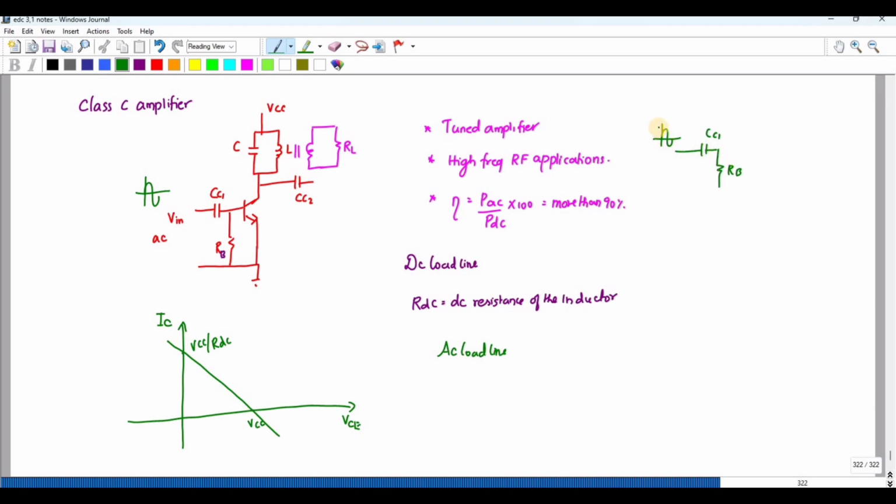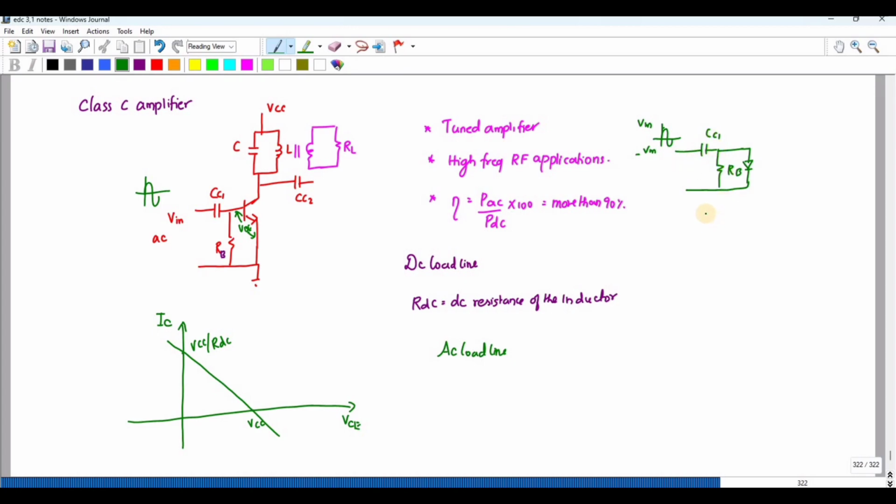So this is your input signal. Let me assume this is of Vm and this is of minus Vm, and it is connected to a transistor whose value is VBE. This is the NPN transistor, so I can term this one as a diode. So this is nothing but a clamp circuit.